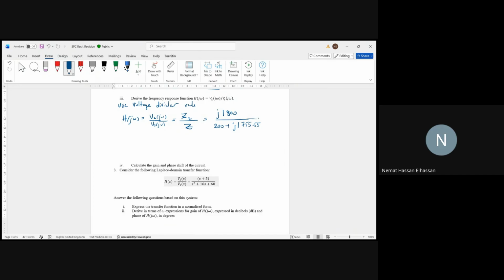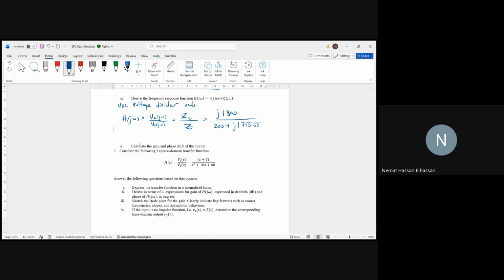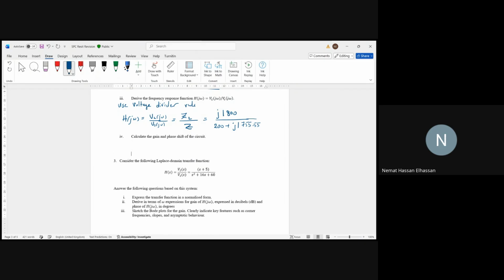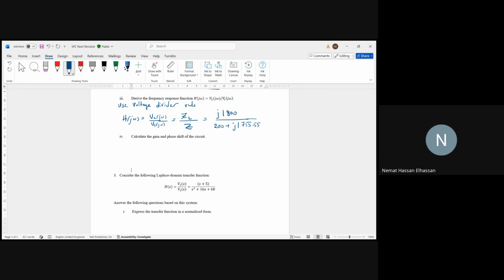So this is the transfer or frequency response function, and we can of course enhance further on it if you want to apply the complex algebra division.